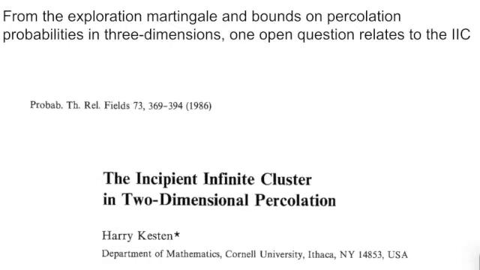And from our exploration martingale and bounds on percolation probabilities in 3 dimensions, we can transition towards thinking about one open question that the authors raise, which relates to the incipient infinite cluster, the IIC for short.